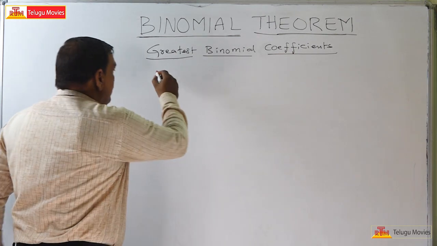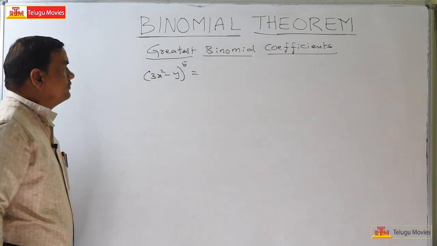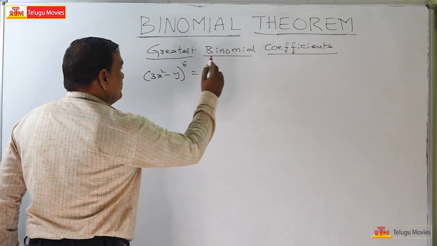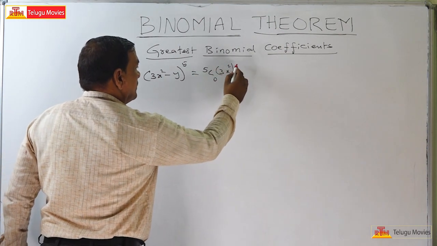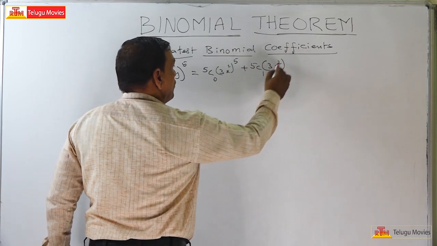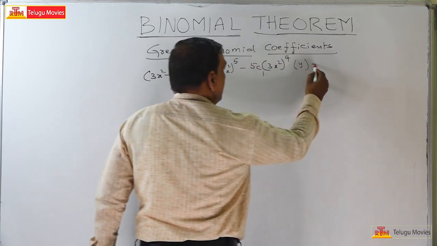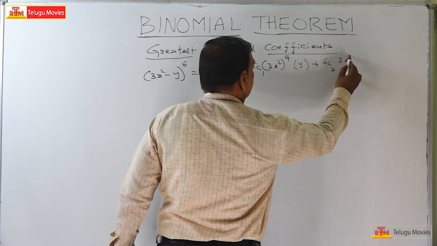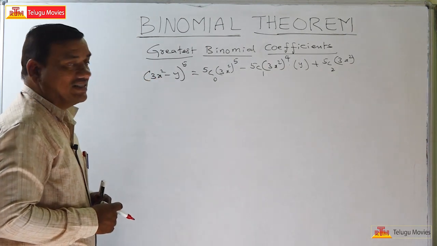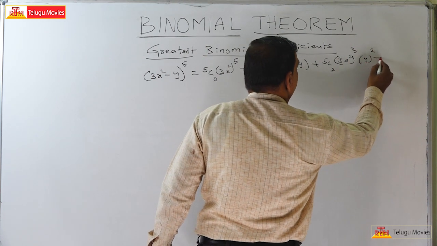For example, take (3x² − y)⁵. Here you will get 5C0 (3x²)⁵ plus 5C1 (3x²)⁴ into (−y), of course you will get a minus here, plus 5C2 (3x²)^(5−2) y² and so on.